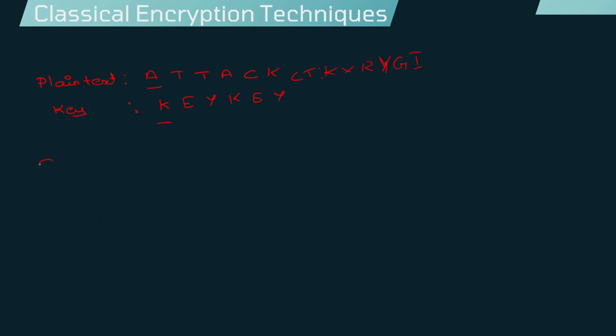So the formula is E equals P plus K, mod 26. The numbering we use is A to Z as 0 to 25.